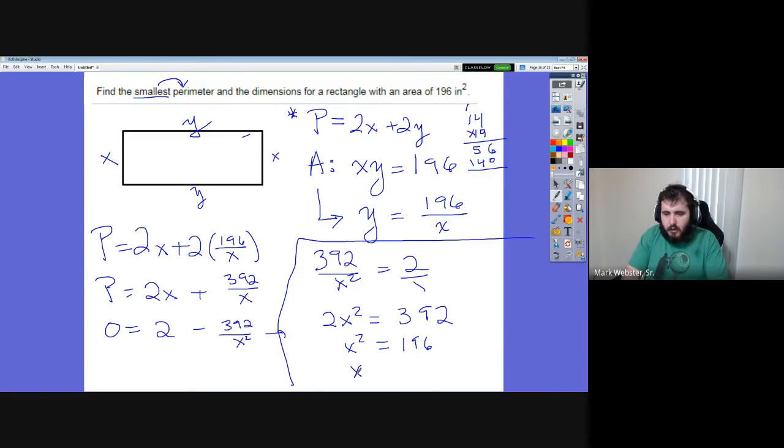So here we got x equals 14. So that's x, right? Well, if x is 14, what's y got to be to make an area of 196? 14 times what is 196? 14, isn't it?